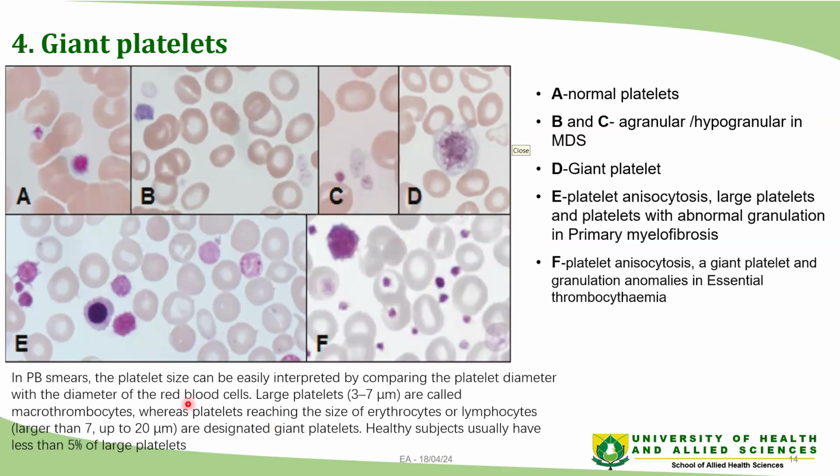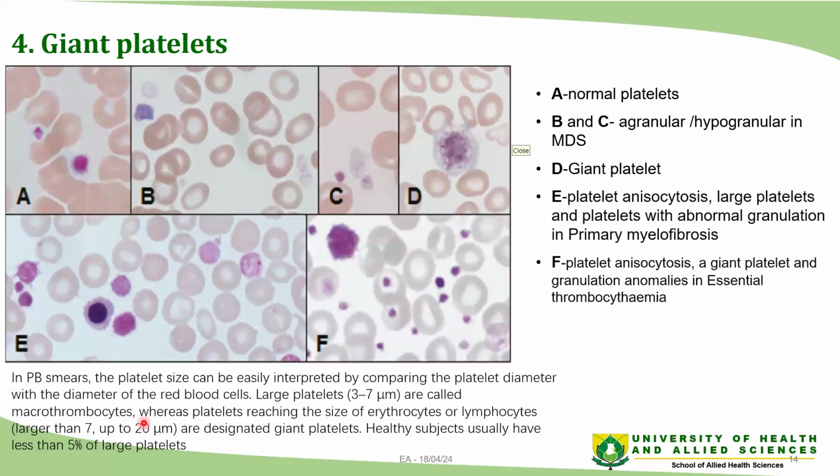So in the peripheral blood smear, the platelet size can be interpreted by comparing the platelet diameter with the diameter of red blood cells. Large platelets usually range between 3 to 7 microns, and we call them macrothrombocytes.